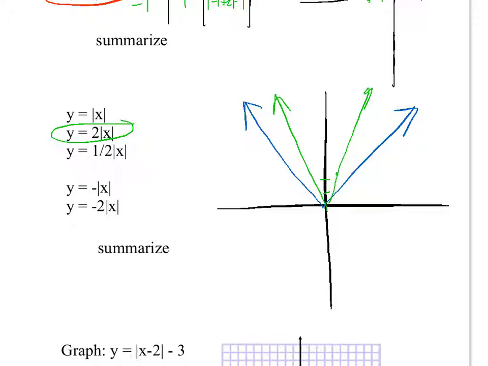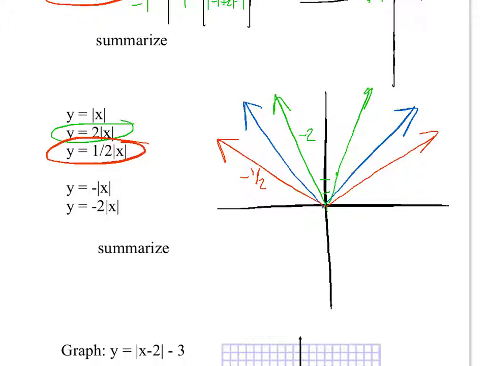If I made my slope 1/2, instead of going up 1 over 1, it's going to go up 1 over 2, and it's going to make it shallower. And then over here on the left side, this would be negative 1/2. And for the green one, it's going to be negative 2.